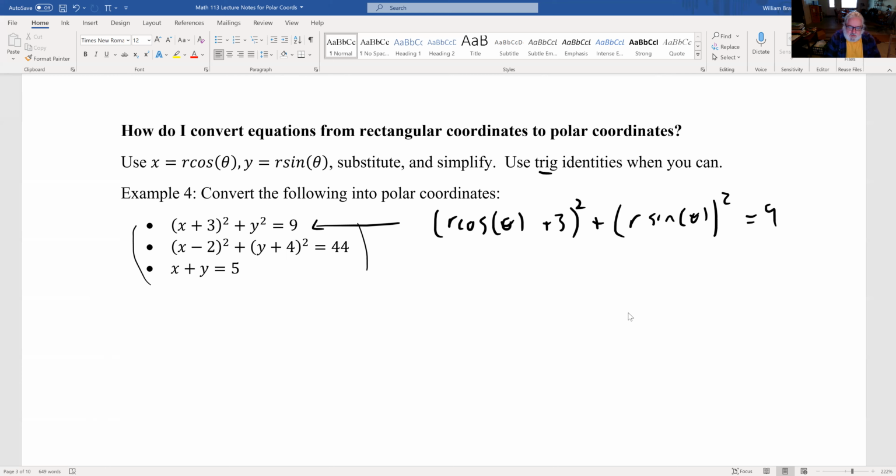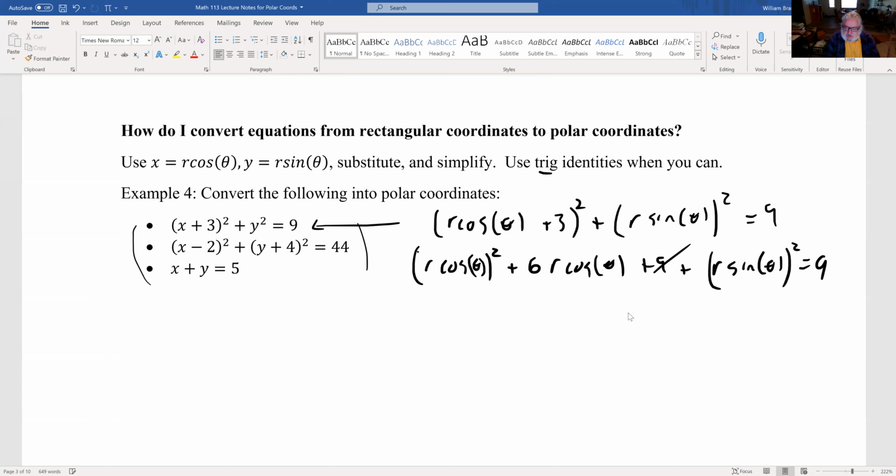So a note here, if we FOIL this one out, we get r cosine theta, quantity squared, plus 6r cosine theta, plus 9 plus r sine theta, quantity squared equals 9. So the 9's cancel out, so that's nice. But as a note, if I've got r cosine theta quantity squared, right?